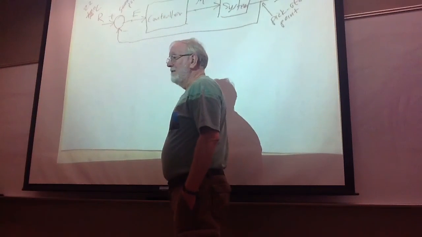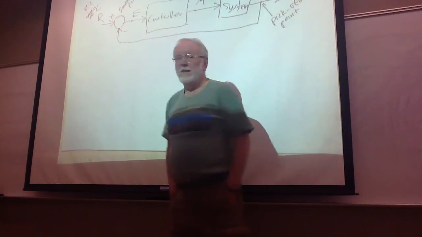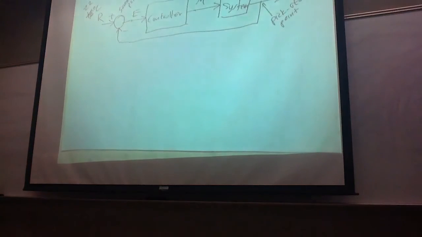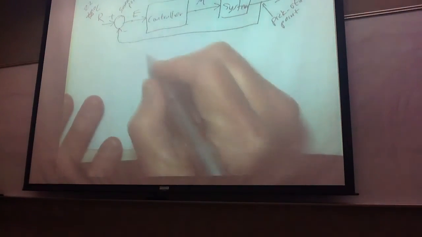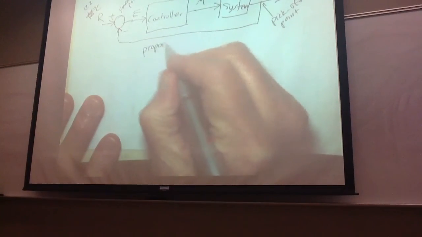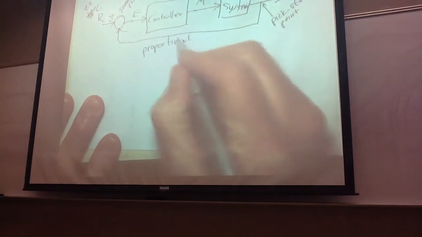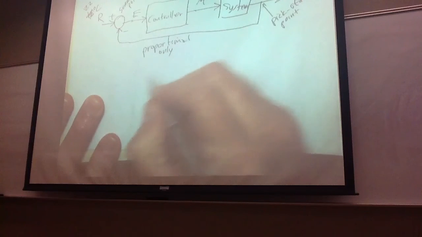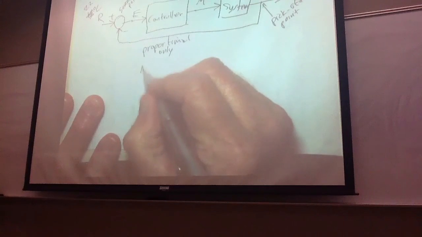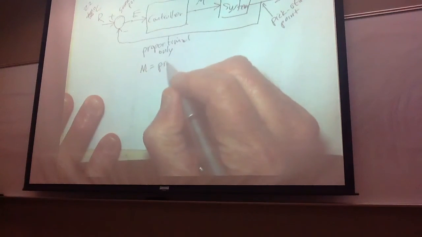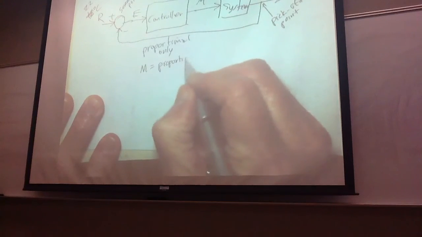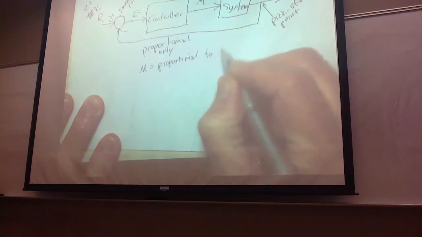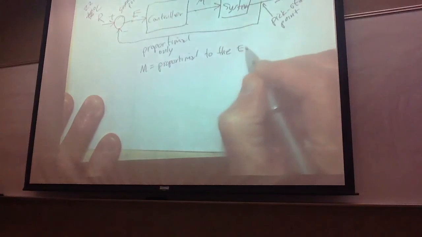That's really complicated. This is called a proportional only controller. It was the one we're going to study for a couple of weeks. And what it means is the output is proportional to the error.